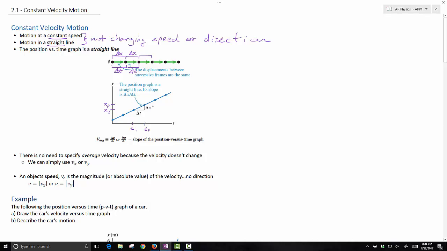And so what we can see is that the displacement over the time, which is my velocity, is the slope on a position versus time graph. So if I kick over another unit, so if I go another same delta t, I get the same delta x. That's what makes it a line. Same delta t gives me the same delta x.